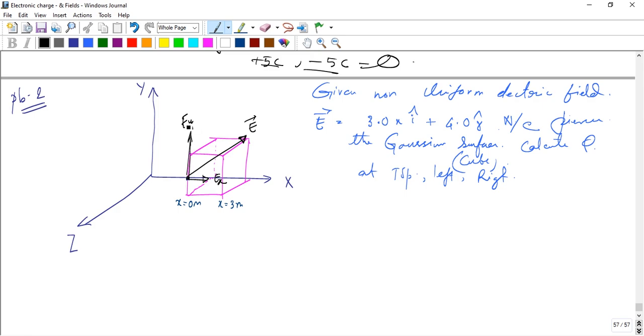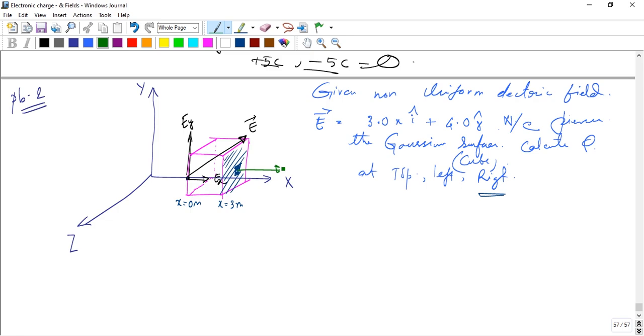So if I choose the right faces, consider a small area, delta A, and the area is a vector in that direction.